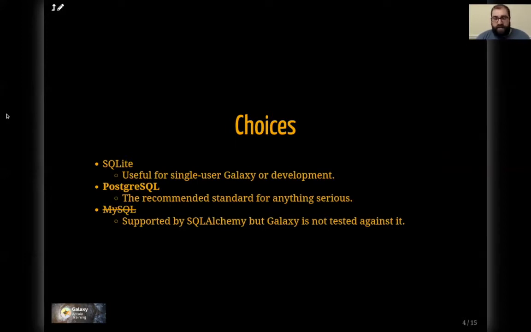But when you're running a production Galaxy server, you want a much more powerful and scalable database, and for that, we recommend Postgres. Because we use a database abstraction layer, it is possible to use other things, including MySQL, but we don't test on it, we don't use it, and we don't recommend it unless you have no other option.